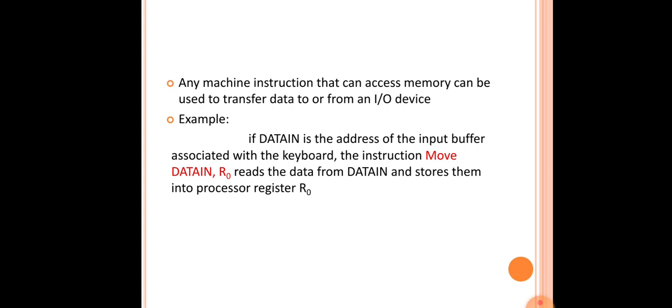That means move is an instruction used to transfer data between memory locations or between memory and processor. Then if you are using memory mapped IO, then the same move instruction can also be used to move data between input output devices and processor.